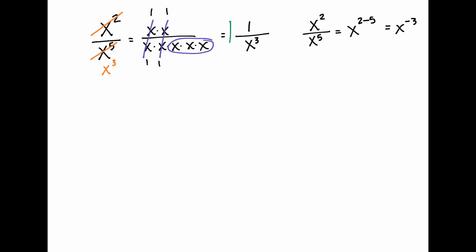So that means that this answer and this answer have to be the same because it was the same problem worked out 2 different ways. Okay, so that gives us the rule.